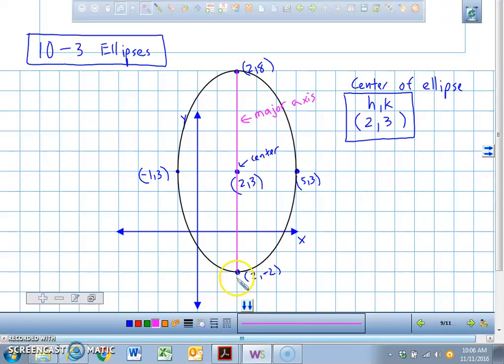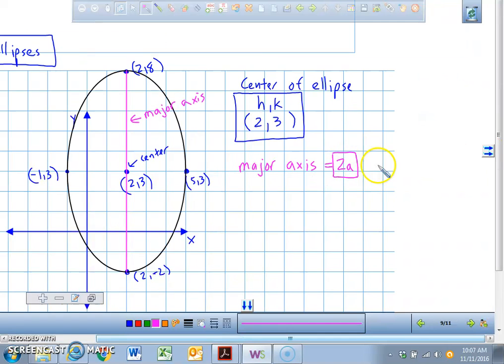This long segment that goes through the center of the ellipse is a major axis. So I want you to write on your paper, the major axis is always equal to 2 times the value of a. And right now, a doesn't make a whole lot of sense because we haven't written the standard equation of an ellipse yet, but eventually it will make sense.